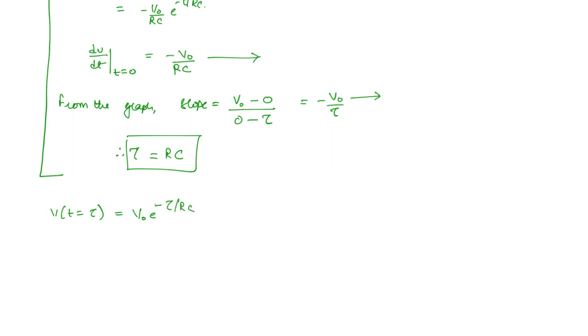We need it to be 0.368 V naught, that is 36.8% of the initial value, where the initial value is V naught. If you calculate, you are going to get tau is equal to RC. This is because e to the power minus 1 is equal to 0.368. This is an important value, so if you can remember it, it is well and good.